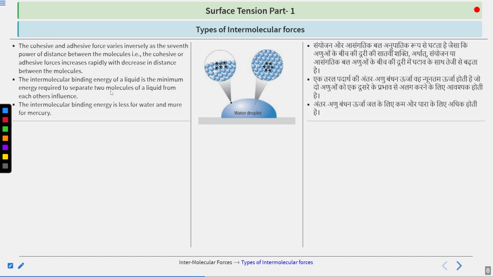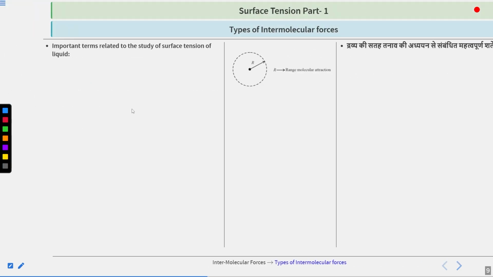The intermolecular binding energy is less for water and more for mercury because mercury has a high cohesive force. That's why the molecules of mercury are attached to each other with an intensive force, and that's why it is not wetting the walls of the glass container.